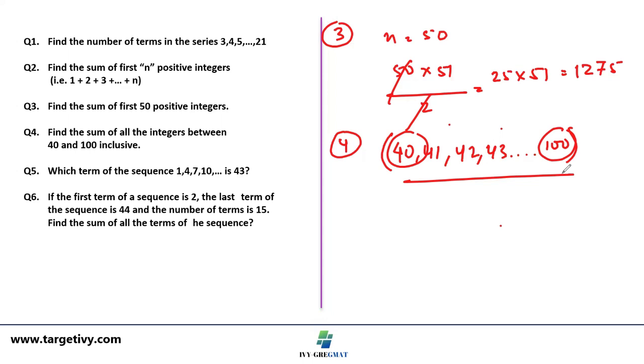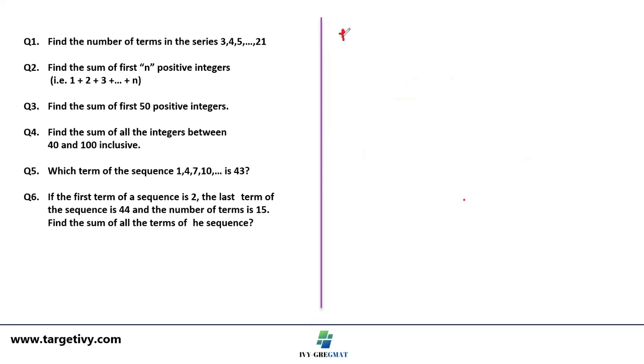So let's do the calculation here. Fourth one. In this case, a is equal to 40, Tn is equal to 100. Then Sn is equal to n by 2 multiplied by a plus Tn.